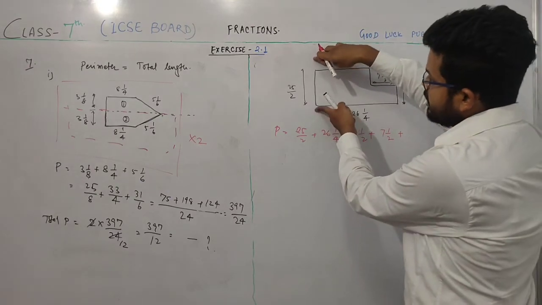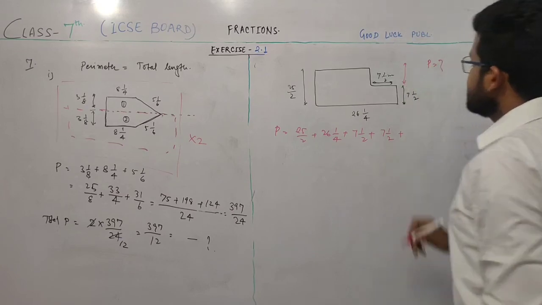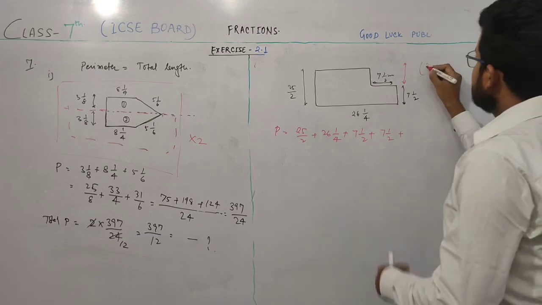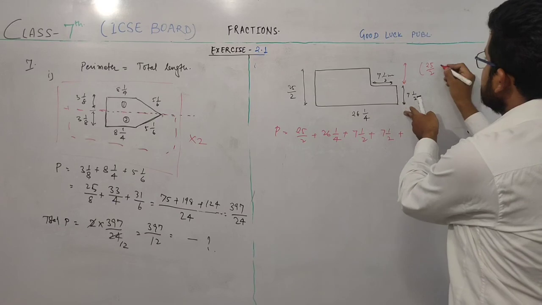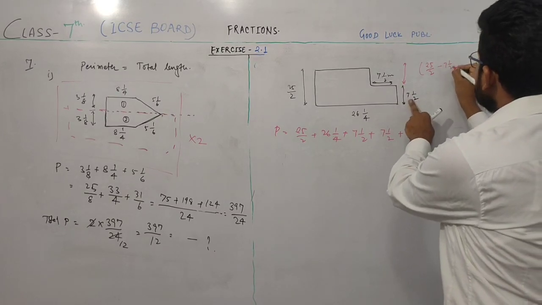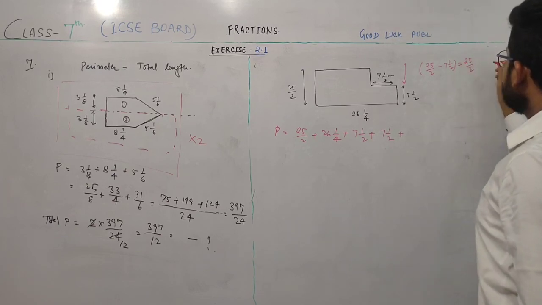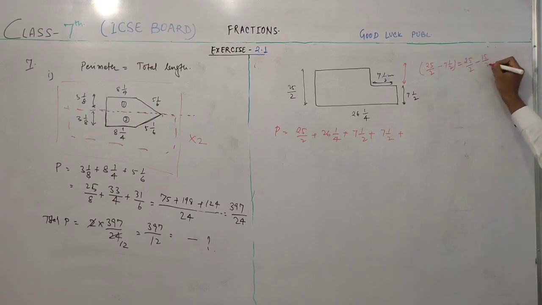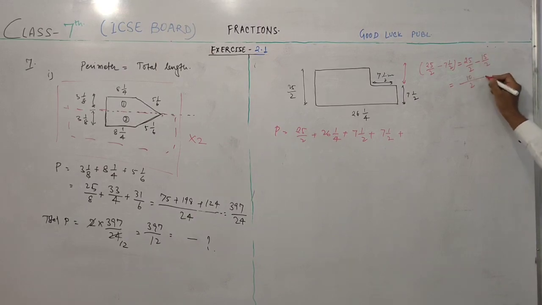This total length is 25/2 and this length is 7 1/2, so I find this length by subtracting this one from the total. So 25/2 minus 7 1/2: 7 times 2 is 14 plus 1, 15/2. These are like fractions, so 25 minus 15 is 10 over 2, which is 5.